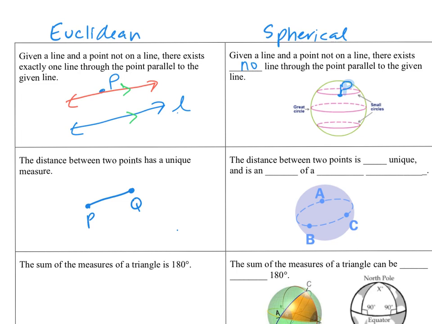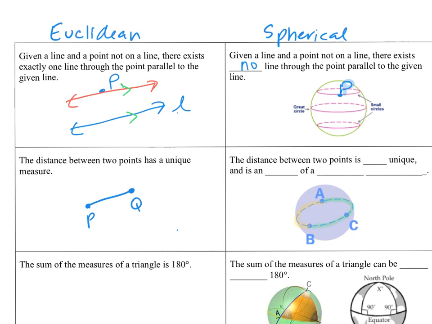However, in spherical geometry, let's take, for example, the 2 points A and B. All right, well, if I want to travel from A to B, I could travel along this minor arc. So let's go ahead, let's highlight that. Okay, so I could take the shortest path from A to B, but I also could take a different path from A to B. I could go through C along this major arc.